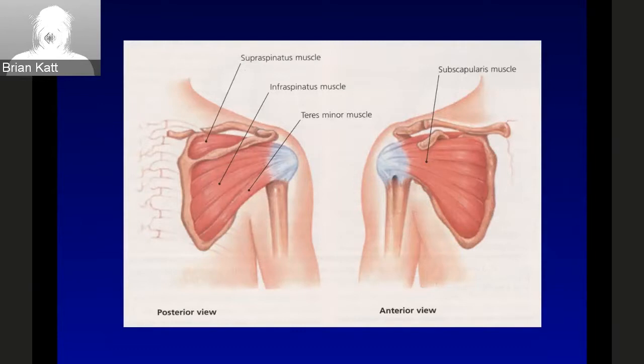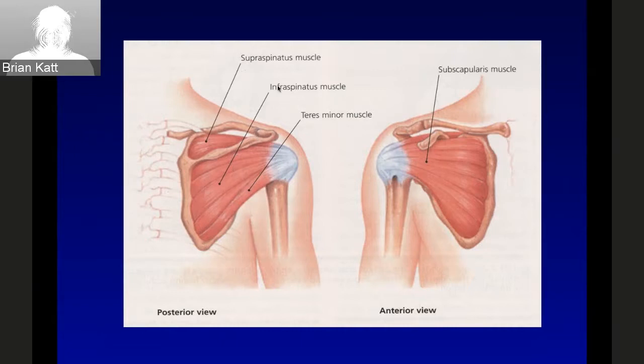So the rotator cuff. The correct terminology is rotator cuff. Most people say rotator cup, and I'm not sure why that is, but most of my patients say there's a problem with the cuff. It's not a cup, it's a cuff, a cuff of tissue that surrounds the shoulder. Remember, you have your capsule and your ligaments that are deep, and surrounding that on the outside, your cuff of tissue comprises four muscles, which is your rotator cuff.